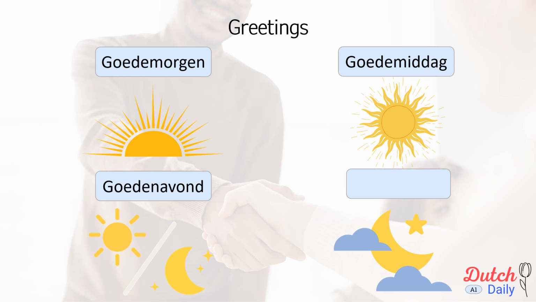Goedenavond. Good evening. Finally, when the nighttime has begun, how do the Dutch greet each other? In the nighttime, we use the greeting goedenacht. So goedenacht means good night. Have you memorized them all?